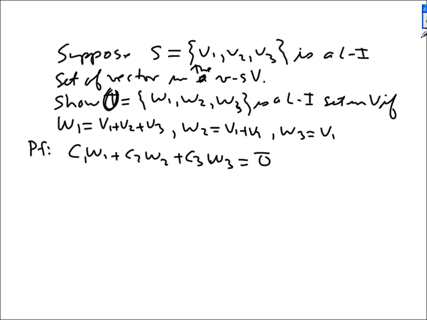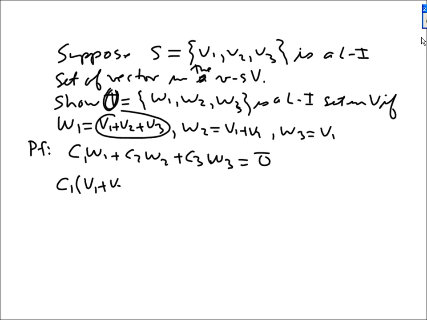Okay. I took a linear combination of the vectors in T, and I set it equal to 0. I want to know if these coefficients, C1, C2, and C3, must be 0. Well, I don't know anything about W1, W2, W3, other than that they equal those vectors.